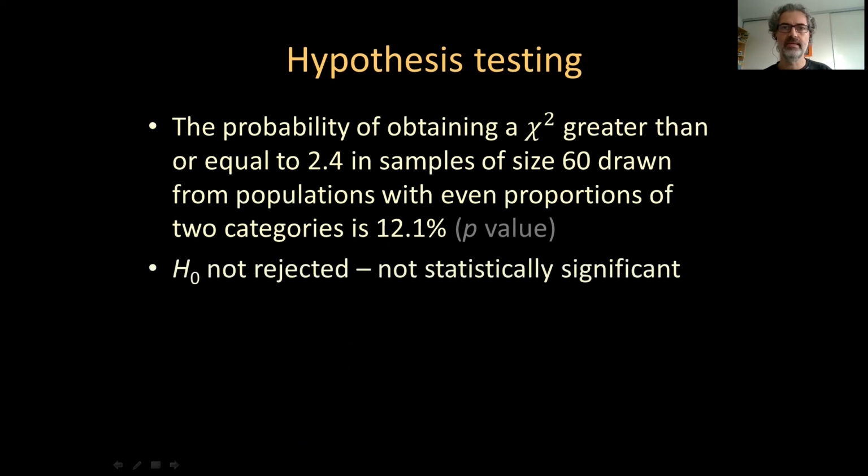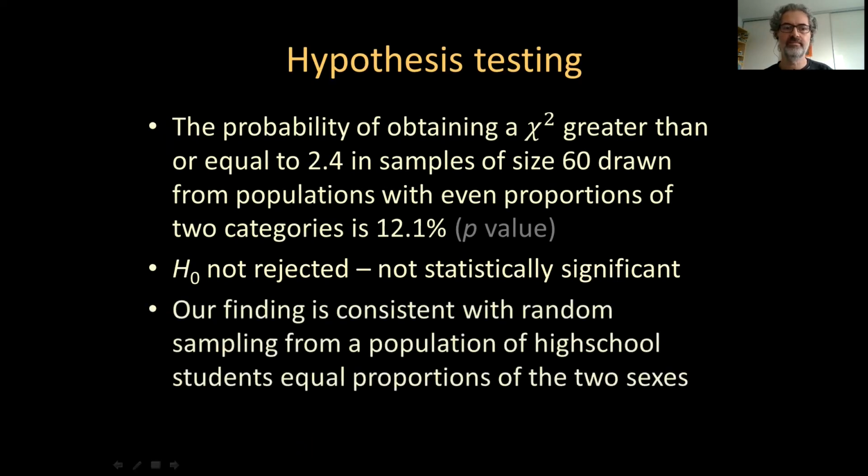Therefore, we cannot reject the null hypothesis. The difference in proportions that we observed, the fact that we noted down 36 men and only 24 women, this observed difference in proportions is not statistically significant.